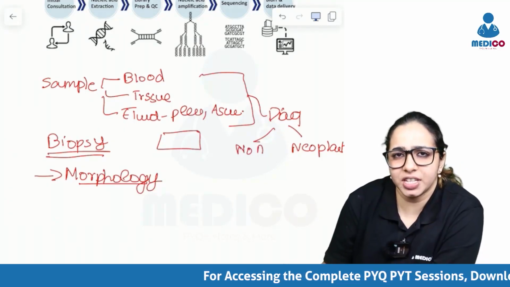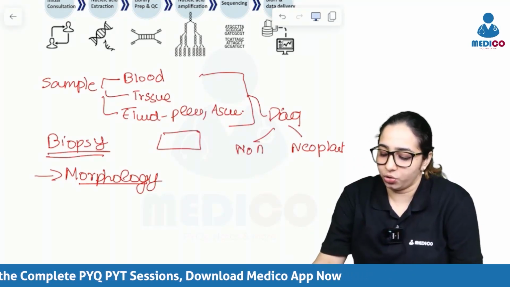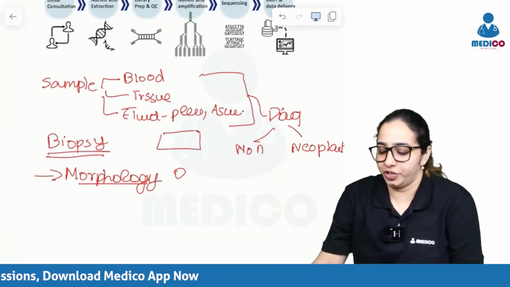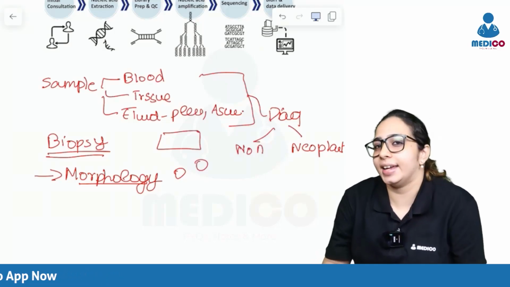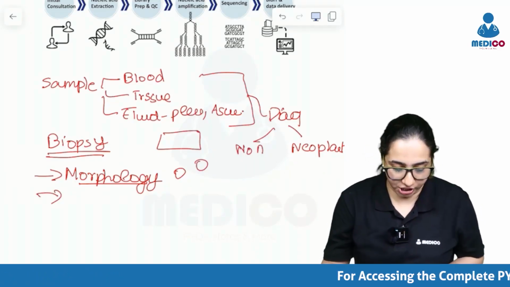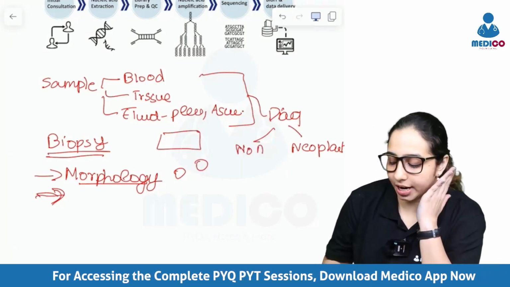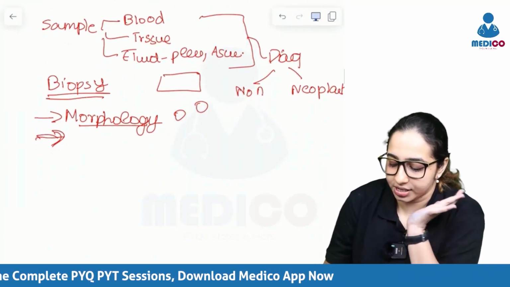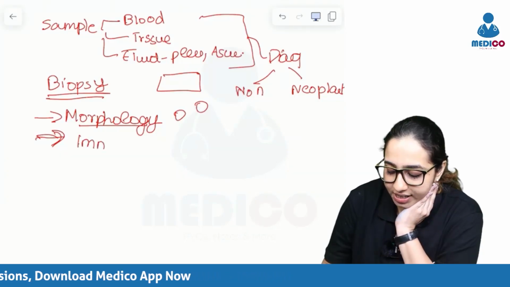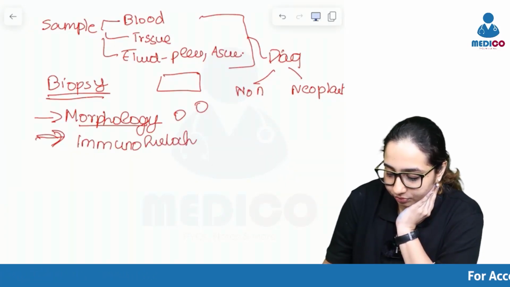Morphology is, you have seen all these cells and all these slides where you have blue cells, eosinophils, neutrophils. Like that, I can try to diagnose a condition by morphology. Suppose in morphology, if I'm not understanding what the condition is, I go for something known as immunohistochemistry.